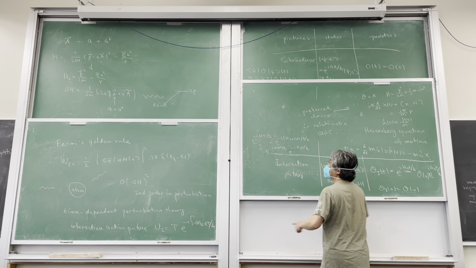In the Schrödinger picture, this is due to the time dependence of the state. And we know the time dependence of the state is given by this time evolution operator for the full Hamiltonian.